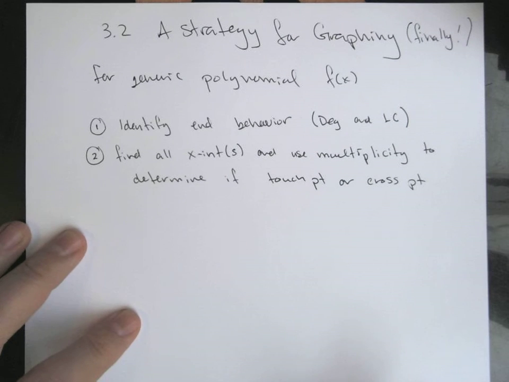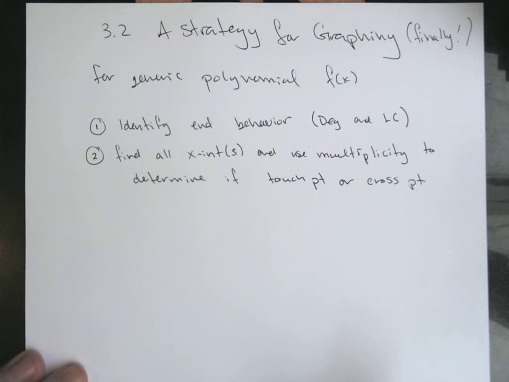So we want to find all the x-intercepts and we need to know if it's a touch or a cross. What you're going to see is that when we do that, that gives us a pretty good sense of the overall shape of the graph. Those two things honestly give us a lot of information.